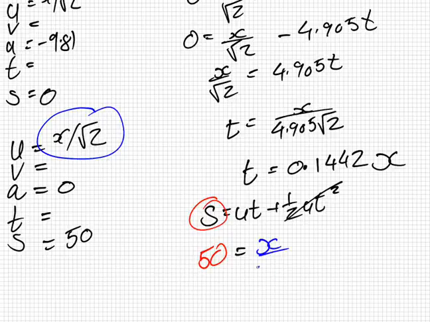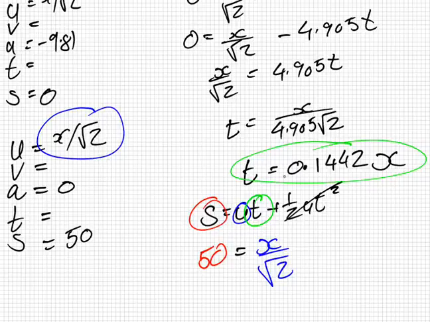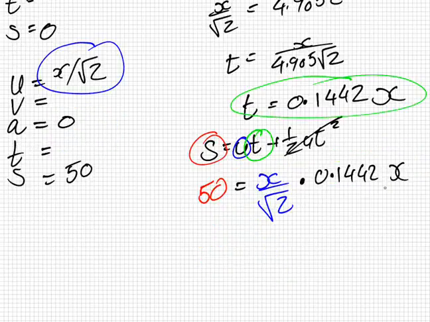So now we can do the horizontal. U is 33.71, V we don't know, A is 0, T is 5.8. So the range is S, which is UT plus a half AT squared. That part's gone.